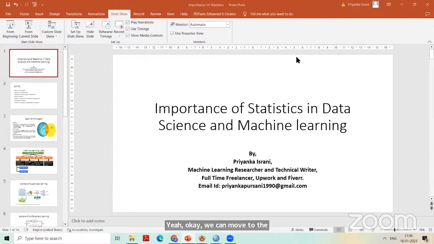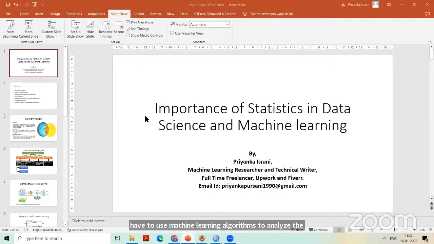So the first question, how to start a journey, that I will not answer here because that is going out of the scope. Then second is, what's the actual difference between machine learning and data science? See, I have told you, the one who is a data scientist has to use machine learning algorithms to analyze the data.